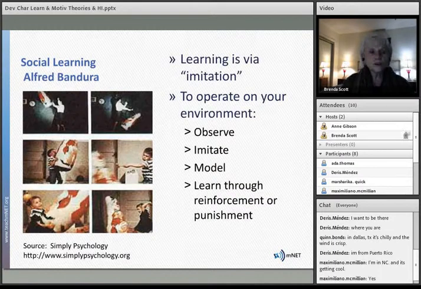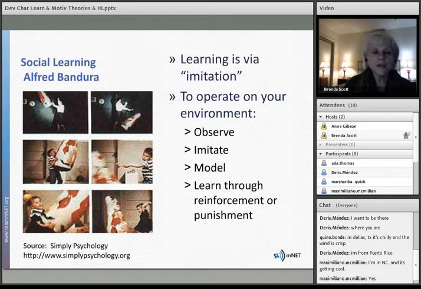Albert Bandura took Skinner's theories and expanded on them a little bit, though. He said, not only do you operate on your environment, but you actually watch what's going on, you observe, you imitate, you learn, because if you imitate something and you're rewarded for it, then you're more likely to do it again.